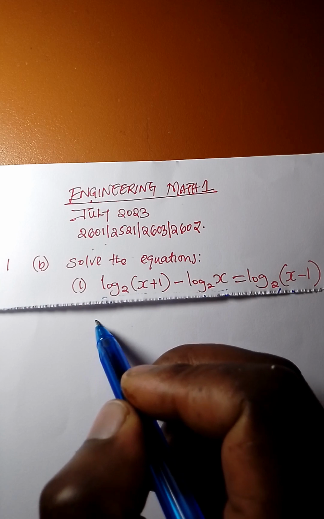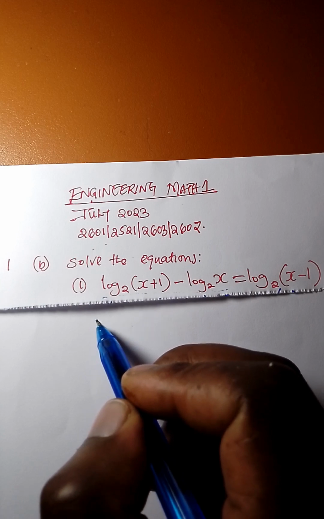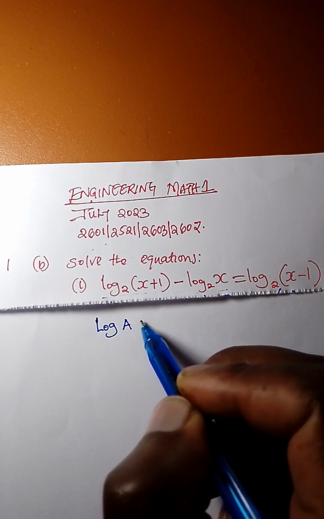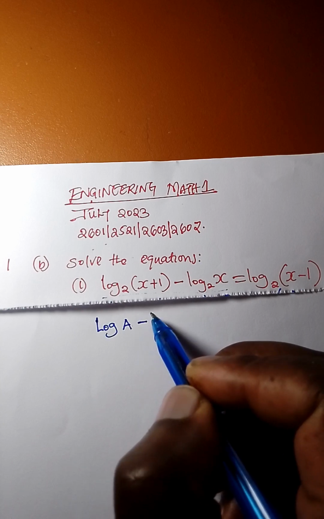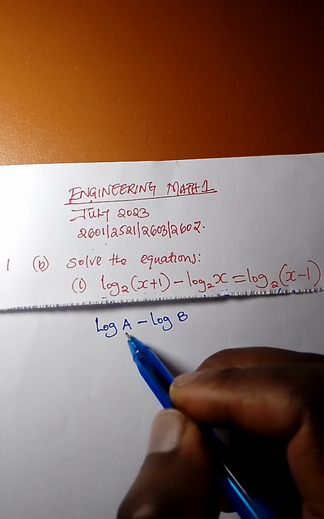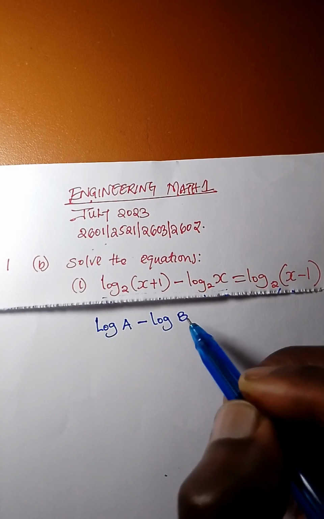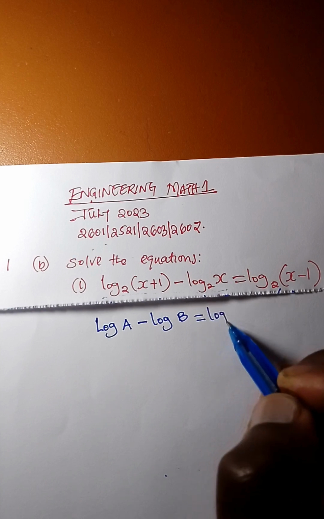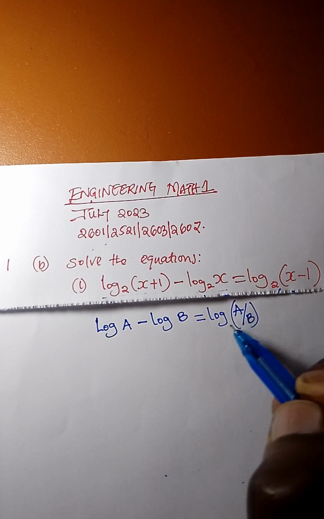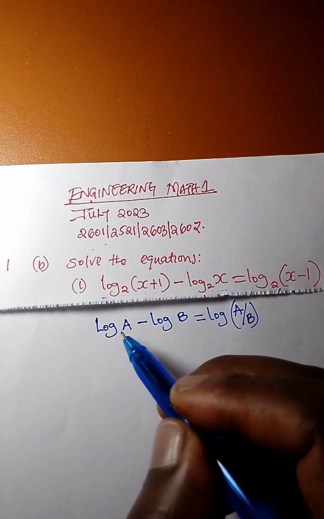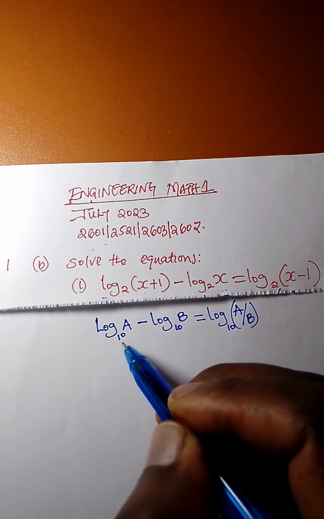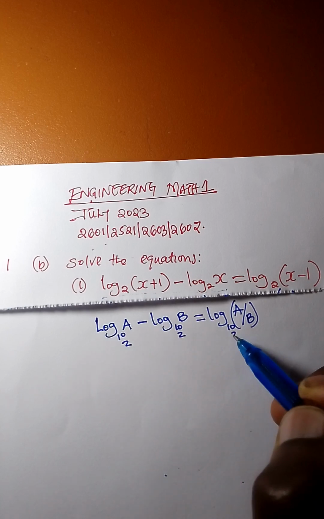So we are going to read from that law that says if you have logarithm to any base of a, then you subtract logarithm of a similar base to that of log of a, this will give us log of a over b to that similar base. If you were to use base 10, that would have been the case, but because here we have log 2, it still applies.